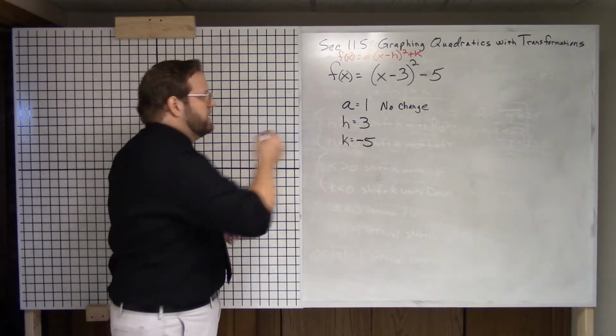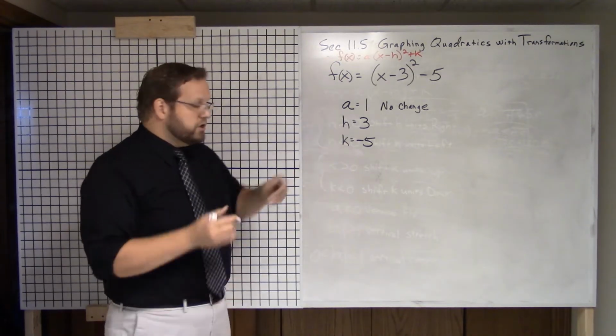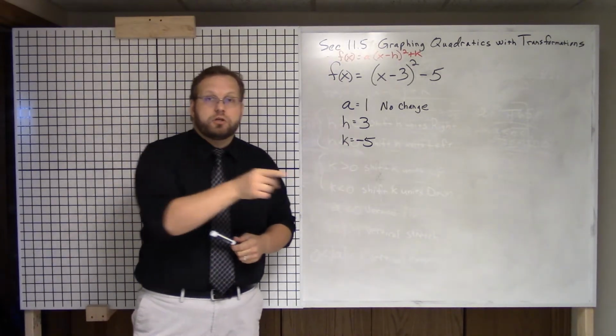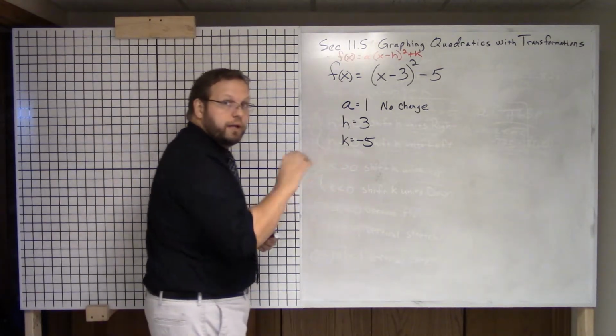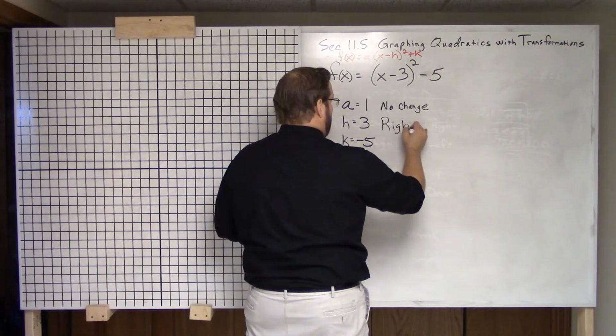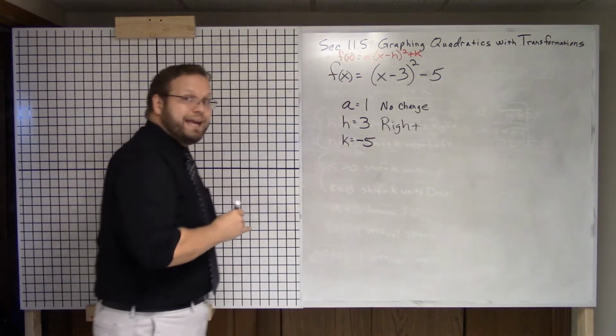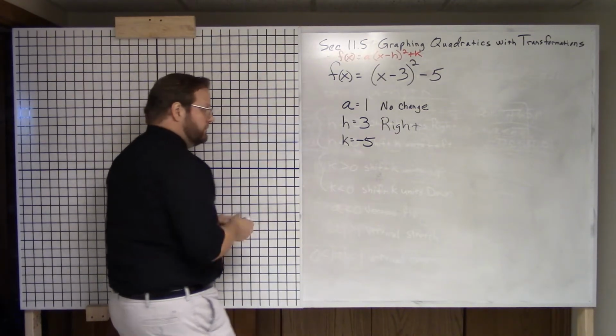Okay? Either draw just a line like nothing or no change. Now if h is 3, remember h tells you to go left or right. Okay? And if h is positive, we're going right. And then k is up and down. If it's negative, we go down.